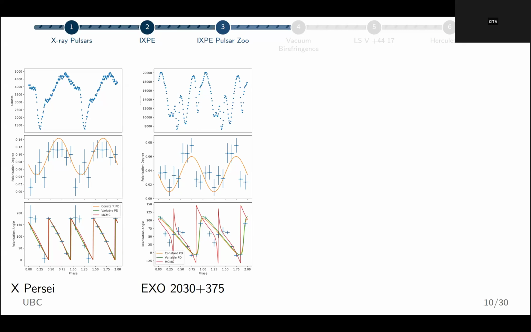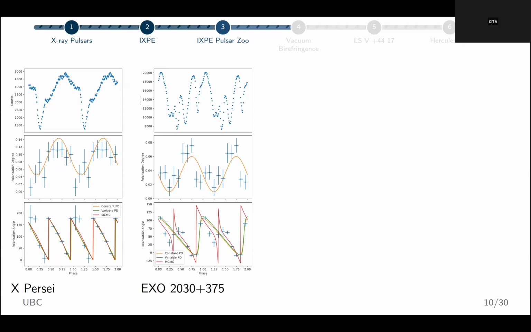Here there's a couple of solutions, which are all drawn here because they're equally likely. One is where it goes almost all the way around and then back again, which is degenerate with one where it goes around.